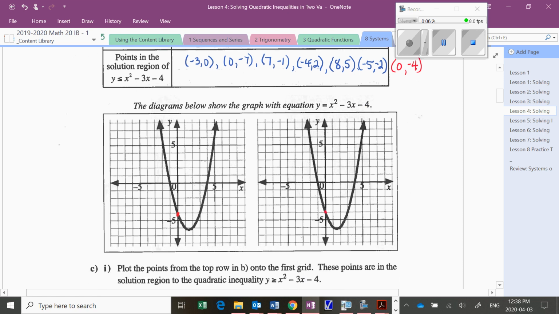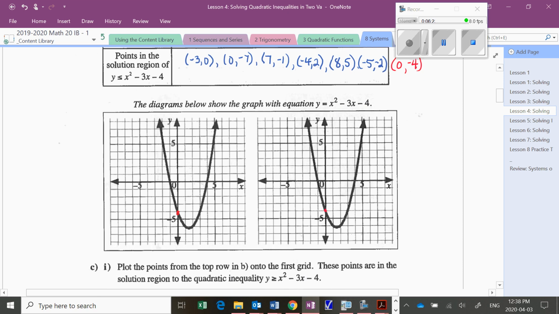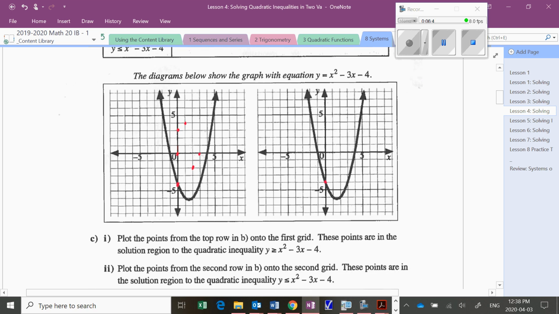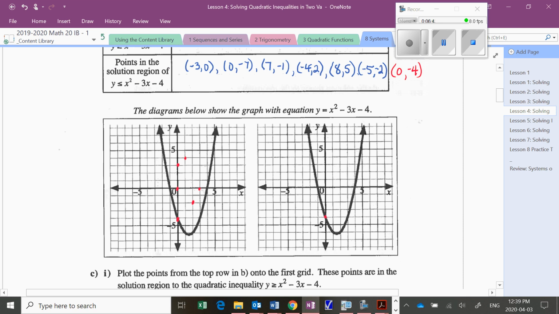If we plot all of the points from the top row into the first grid, we've got (3, 0), (0, 0), the origin, (0, 3), (1, 4), (2, -2) and (0, -4), which I added in. These points are all within that solution region, so they all satisfy it.